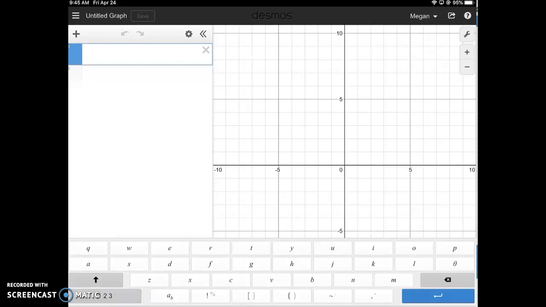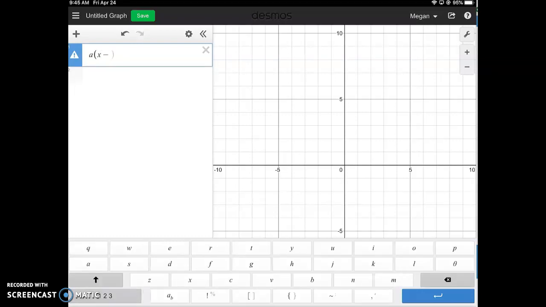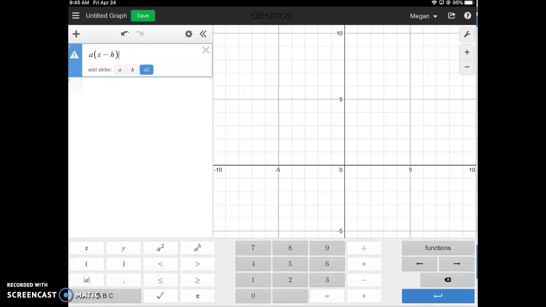Bottom left, ABC, go back to your letters. Parenthesis, x minus, not double minus, just minus, h, close it, squared.